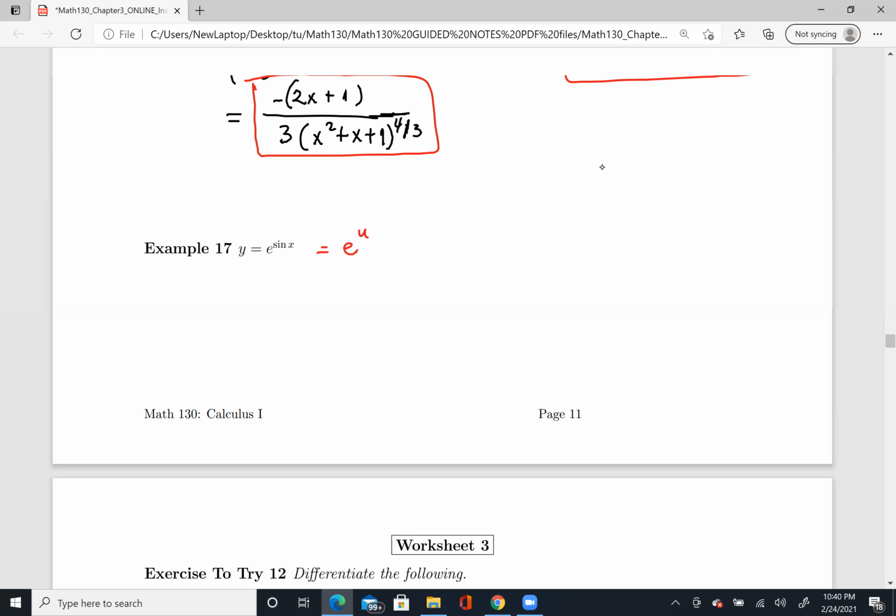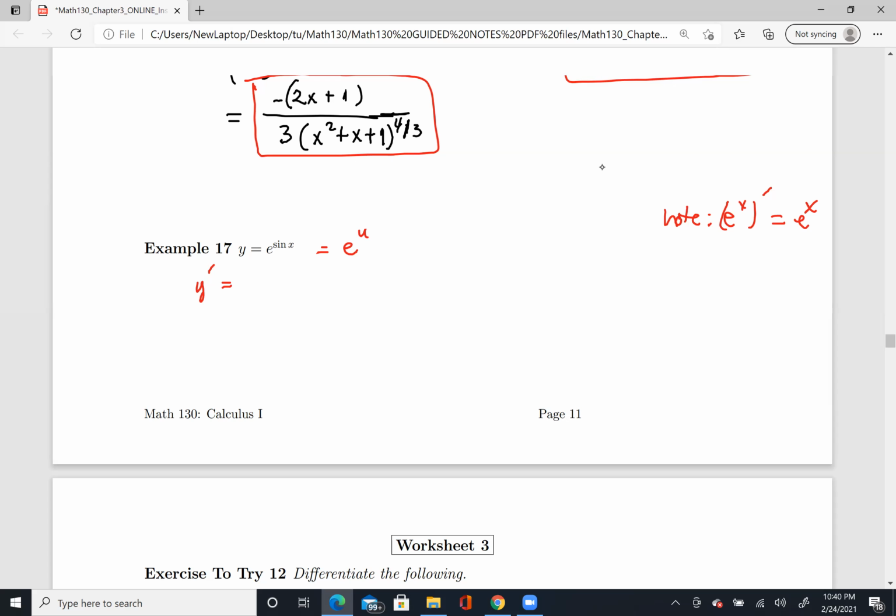So if you take the derivative of y, note that the derivative of e to the x will be equal to e to the x itself. But here, it's not e to the x, it is e to the function of x. Remember that.